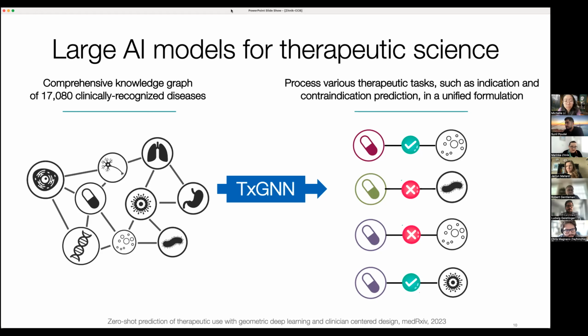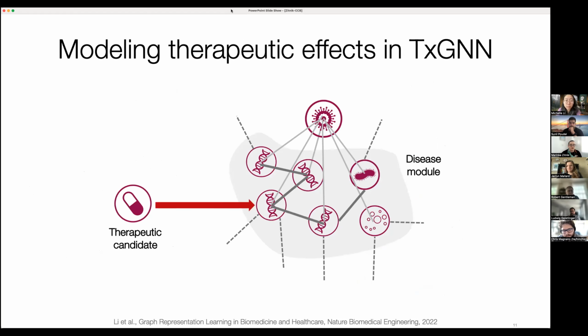And once trained, TXGNN can process various therapeutic tasks and predict candidate indications and contraindications across this entire range of diseases, and it can do so in a unified formulation. So let me explain what TXGNN is and how it operates and what the key components of this model are.